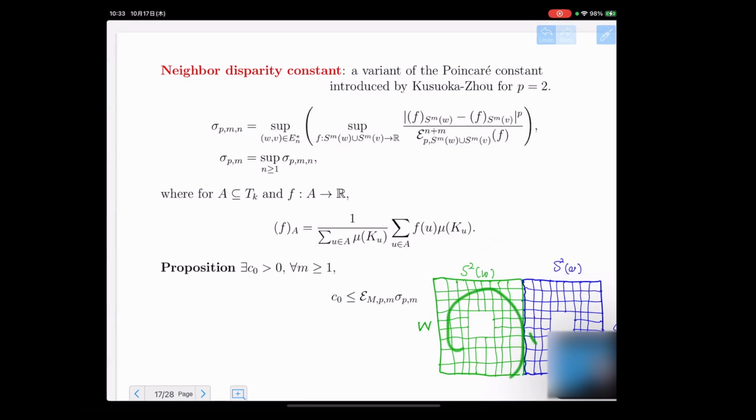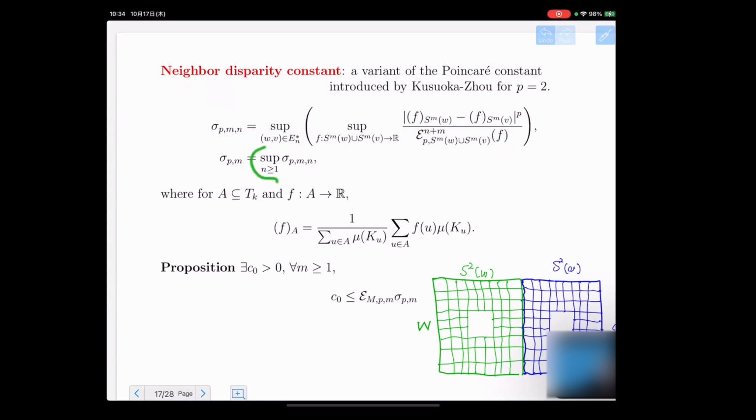And think of the function on this space. This is the difference between the average over here and the average over here. And average means that we assume there is some nice measure and the average is with respect to this measure. And think about the difference to the p's power divided by the energy of this function f. And taking the supremum of all these values at nth level, this is called sigma_p^{m,n}. And let's take the supremum all over n, and this is called sigma_p^m.